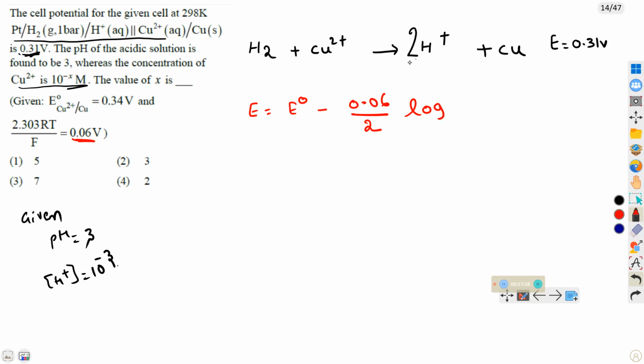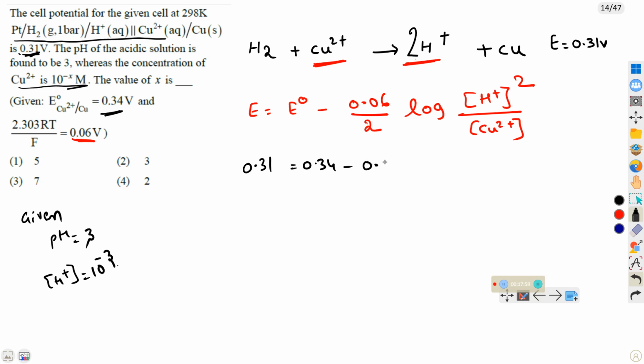Log of product concentration by reactant concentration, with ionic forms considered: H plus ion concentration whole square by Cu2 plus. What is given? E is given as 0.31, E naught is given as 0.34 minus 0.06 by 2, log of 10 power minus 3 whole square by the Cu2 plus ion concentration.